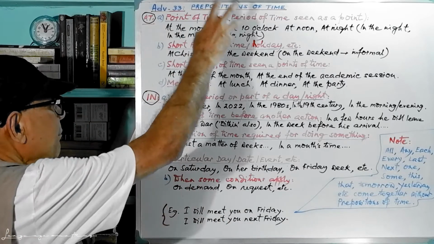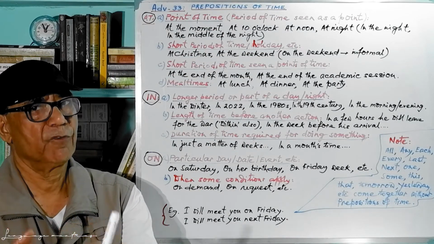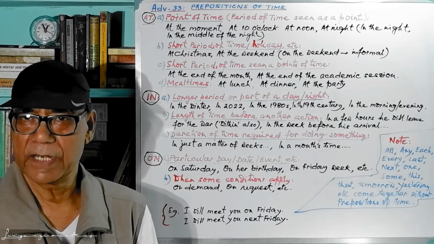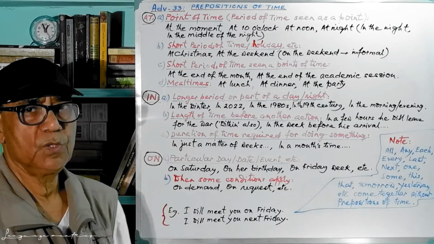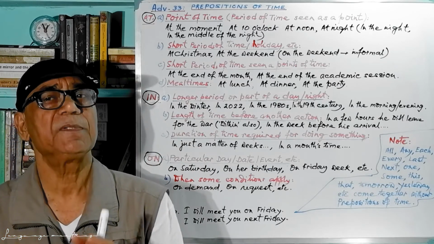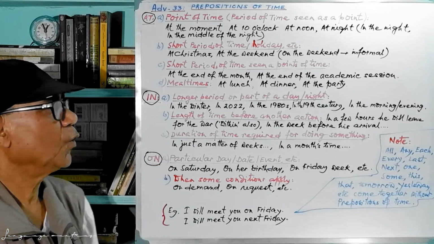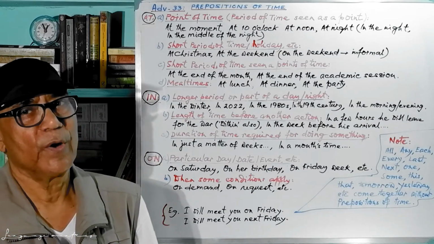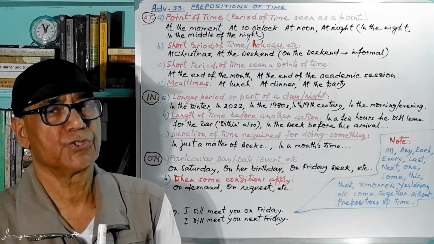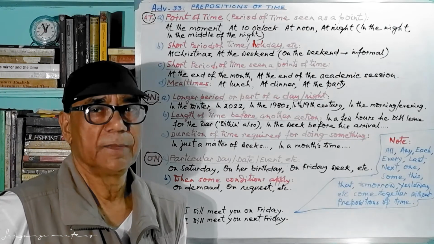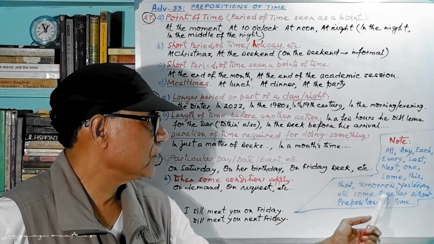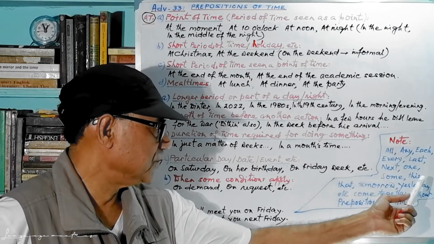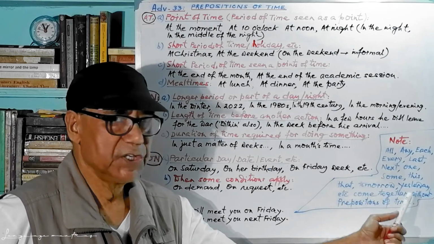So these are the main issues you must remember before using at, in, or on. Not very difficult. Try to understand the basic principles that are used while using these prepositions. And there are some cases when these prepositions are not used. All, any, each, every, last, next, one, some, this, that, tomorrow, yesterday.